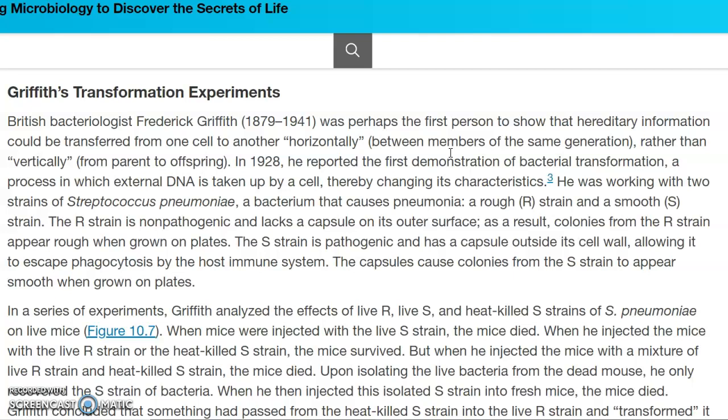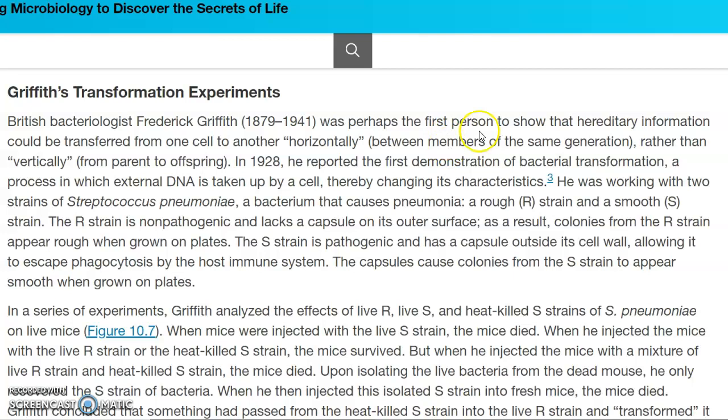The smooth strain has a capsule and is pathogenic. Remember, last month we talked about how capsules could make certain bacteria pathogenic, and that's the case with Streptococcus pneumoniae.